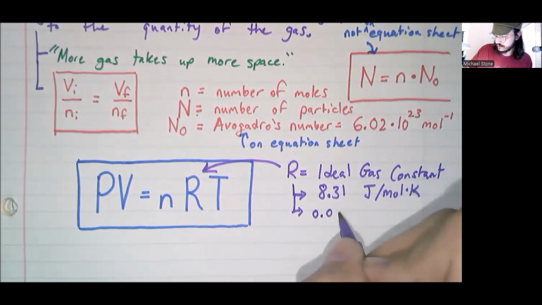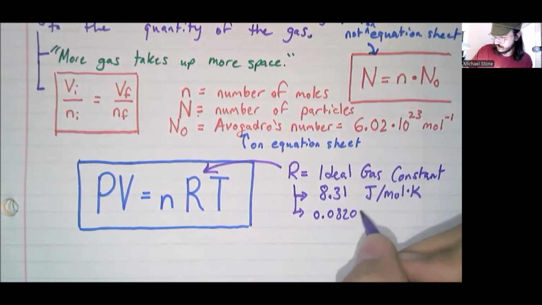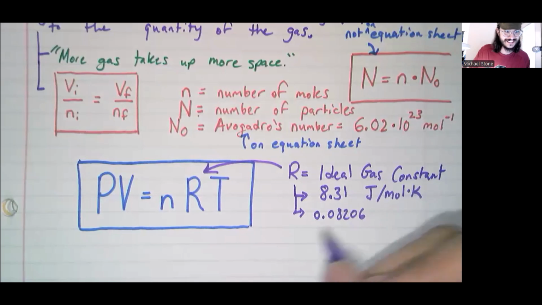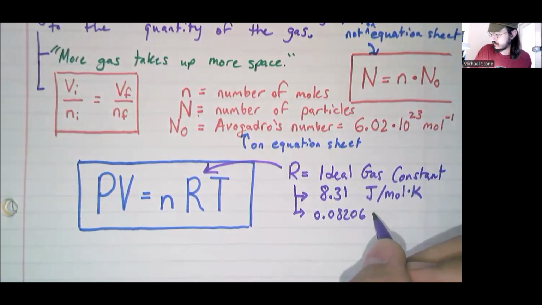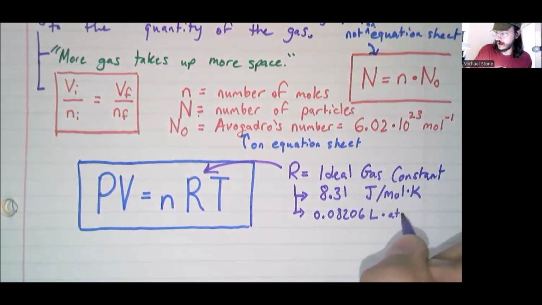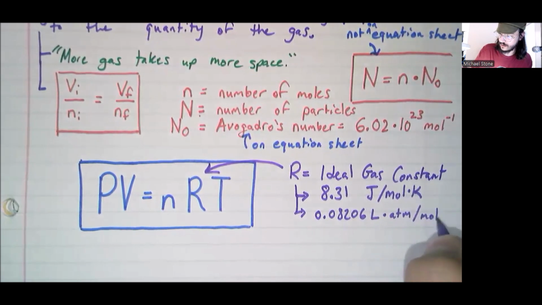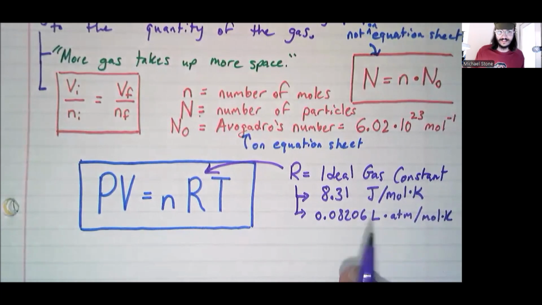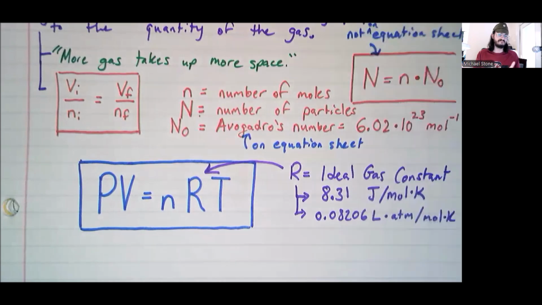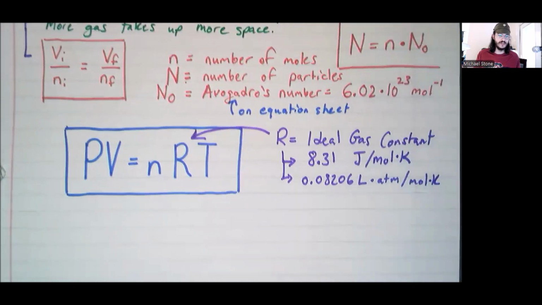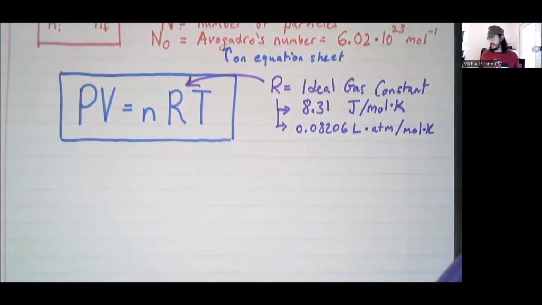But if you are feeling saucy, you could throw some extra units at it. 0.08206 liter atmospheres per mole Kelvin. Probably better just put everything into metric base units, but whatever, there it is.